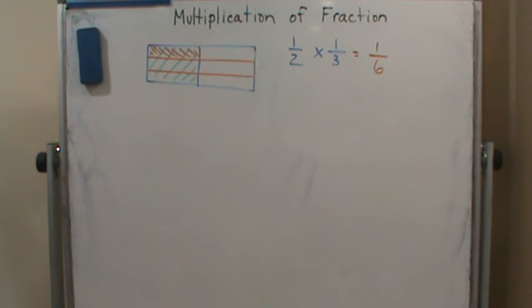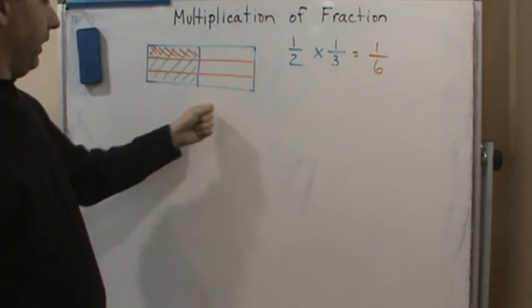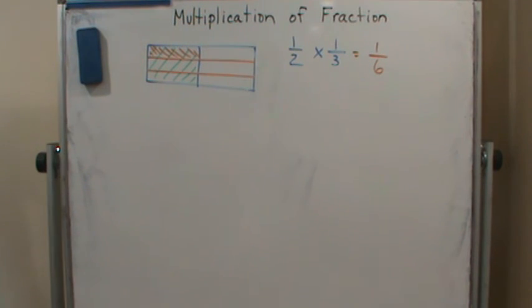So that's a visual way of understanding what we mean when we take a fraction of a fraction. In other words, we've got one shaded region out of 6 now, instead of what we had before.